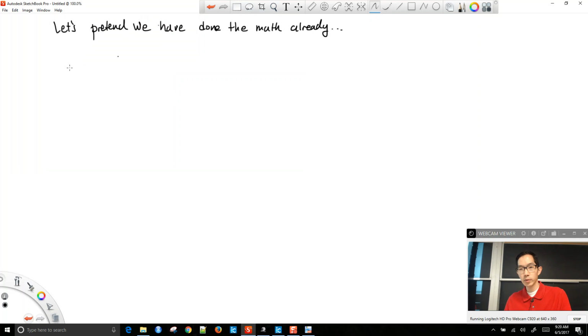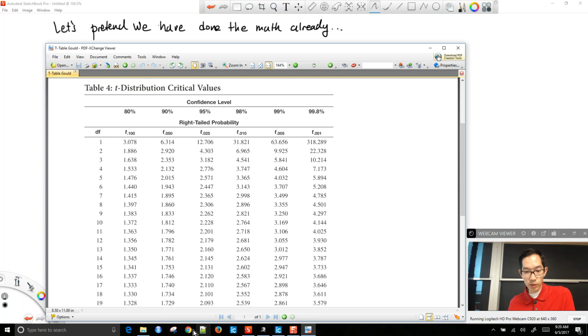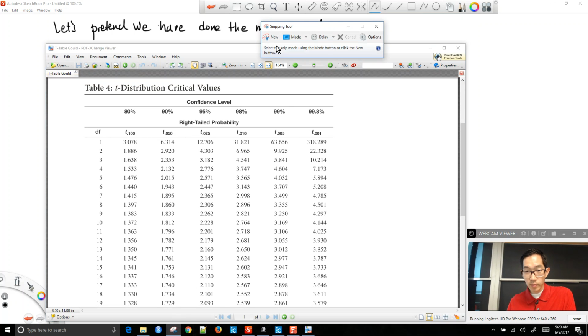We'll say degrees of freedom is equal to 10, and t is equal to 2.51. So we've done the math, and let's say we have degrees of freedom equal to 10, and t is equal to 2.51.